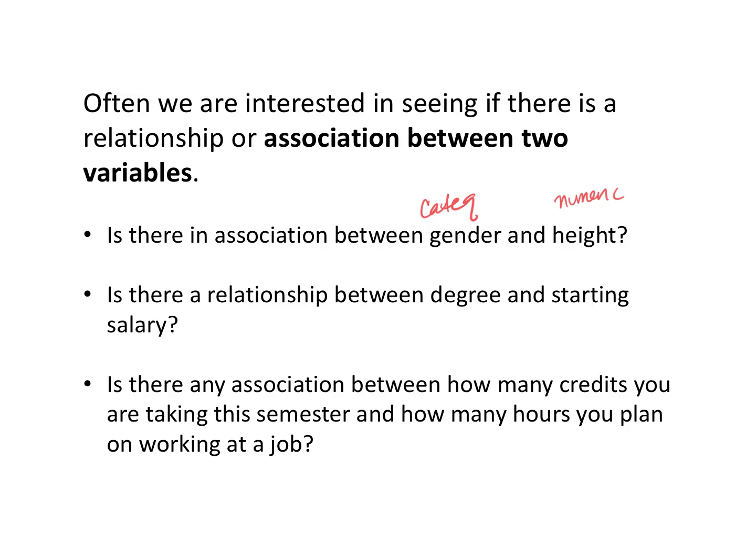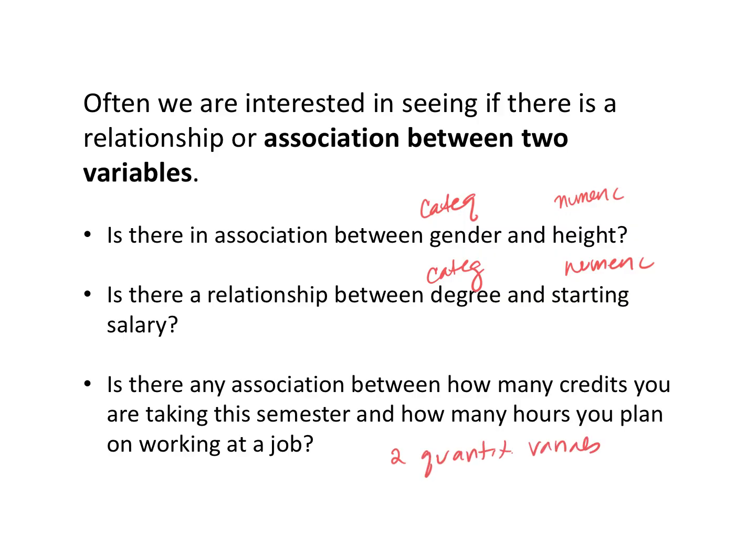So again, this might be categorical, and their starting salary is numeric. Or we might ask, is there an association between how many credits you're taking this semester and how many hours you plan on working at a job? In this case, we have two quantitative variables.